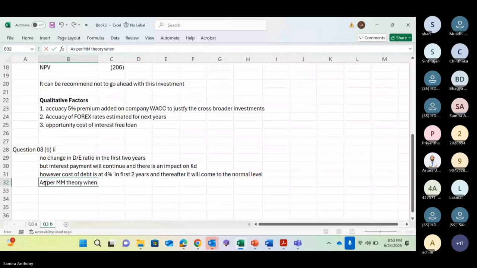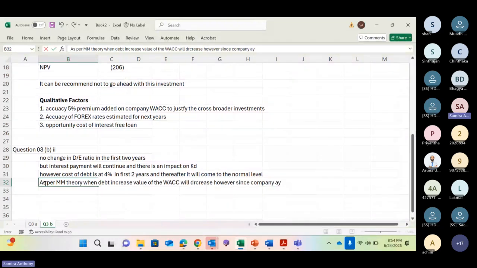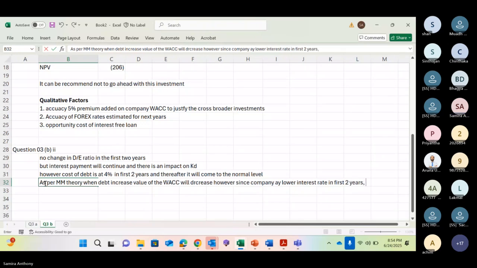However, since the company pays a lower interest rate in the first 2 years, WACC will take a comparatively higher value. Is that clear?